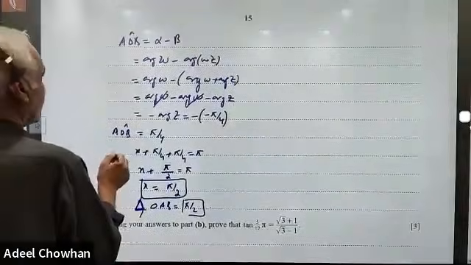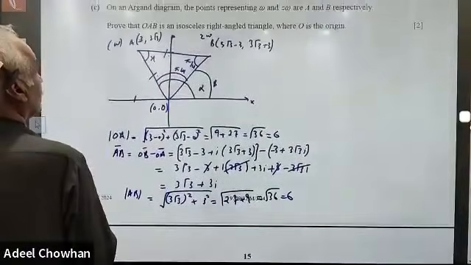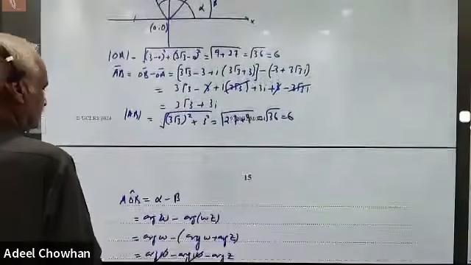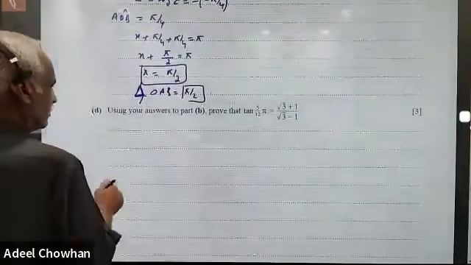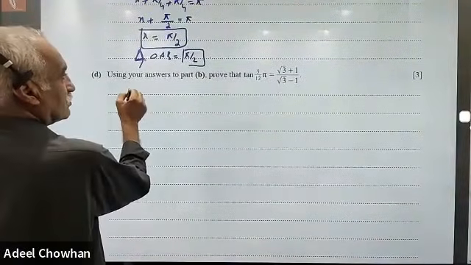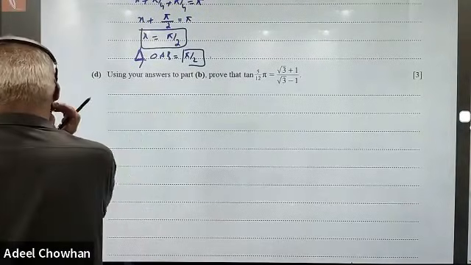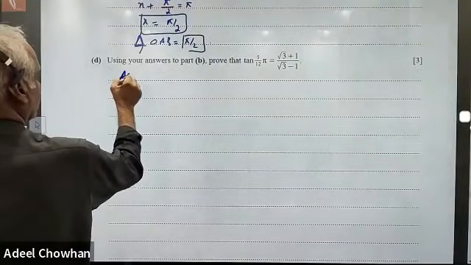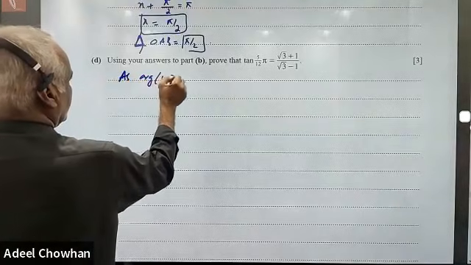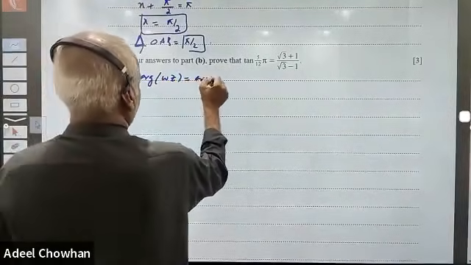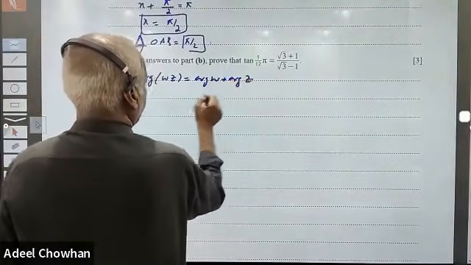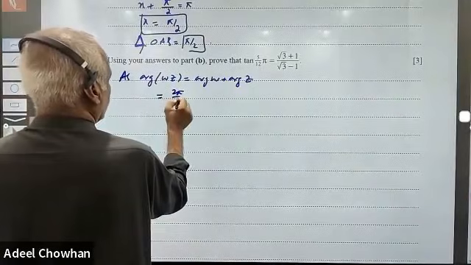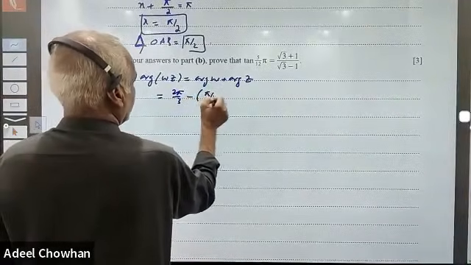Since the arguments of both W and WZ are pi by 4 and 2 pi by 3, as argument of WZ is equal to argument of W plus argument of Z, which is equal to 2 pi by 3 minus pi by 4.